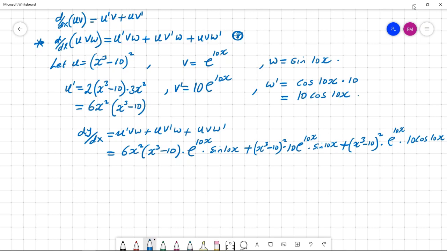So we can simplify this further. This can be written as 6x squared.